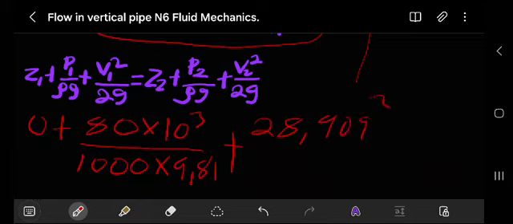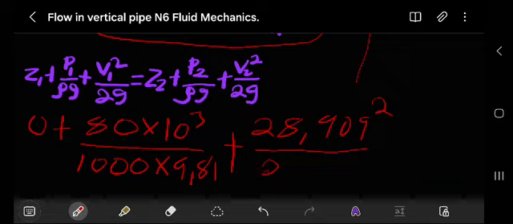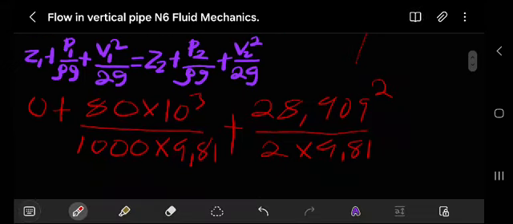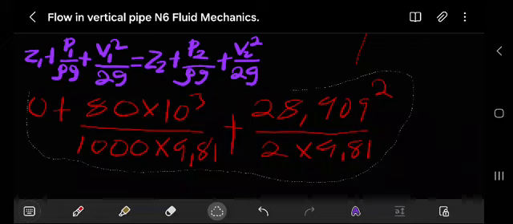Square this, divide this by 2 times 9.81, right? Then all of these is what we have on the left hand side.